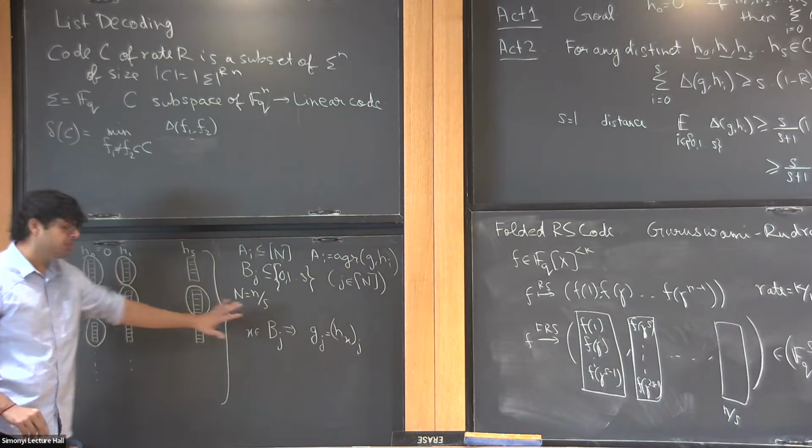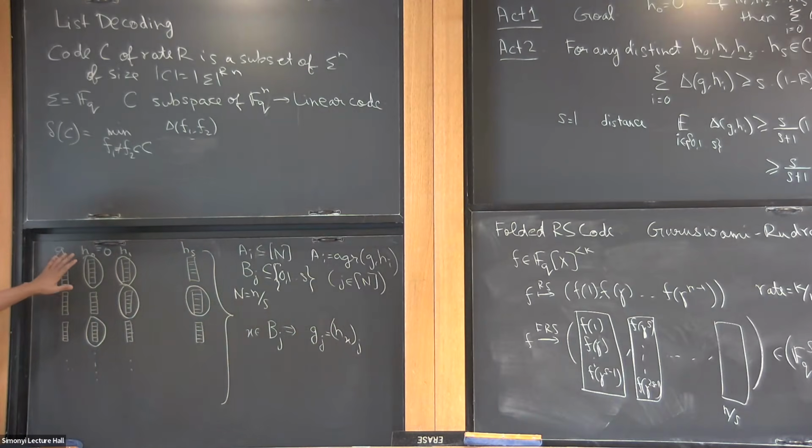Okay, these definitions might be more confusing than what I'm trying to say. I write down all the S code words and mark out where H0 agrees with G. And I just circle those coordinates. Even if one disagrees, I'll not be circling it. If there is a circle, it means that all of the S symbols here agree with G. Same with H1 up to HS.